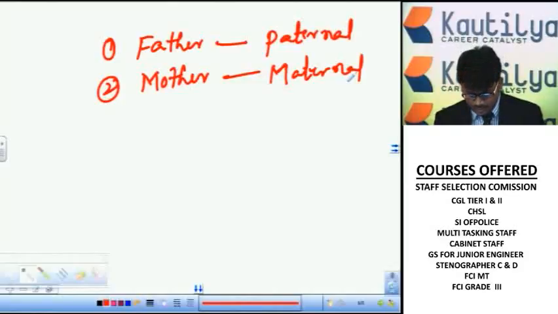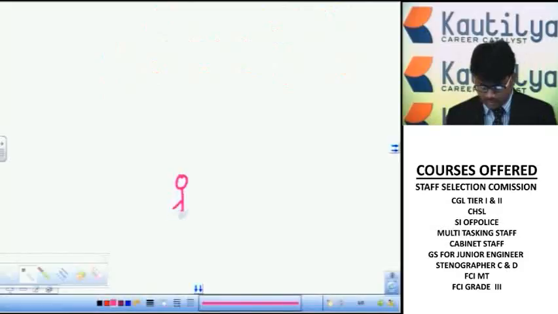For example, if you take the blood relation tree, the person is yourself here. The person may be male or female, whoever it may be. The person has a parent in the upward direction. That person is called father or mother.